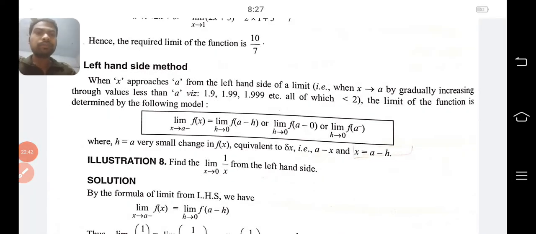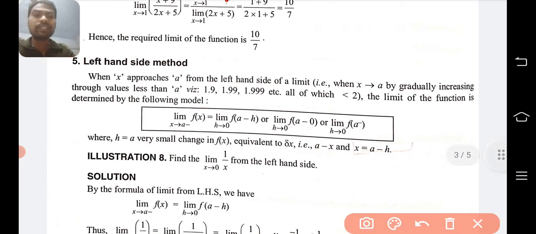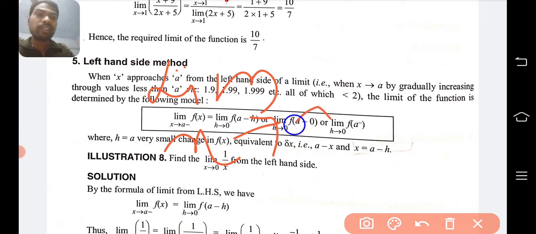So the formula for the left hand side method is that limit x tends to a to the power minus of f(x) is equal to limit h tends to 0 of f(a minus h). It means whenever we are calculating the left hand side limit, we denote it as limit x tends to a to the power minus.